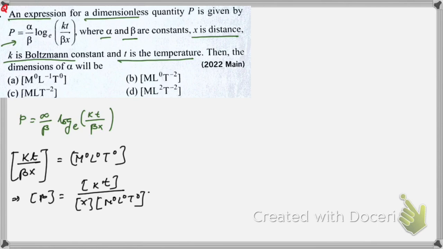So now here you see, the dimensional formula of beta.